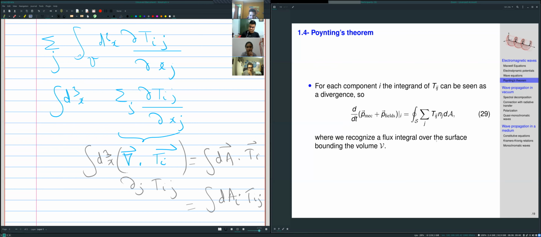So the idea here is just to write the conservation of momentum for the fields in a more compact way. We've summarized today that we have introduced the wave equations.